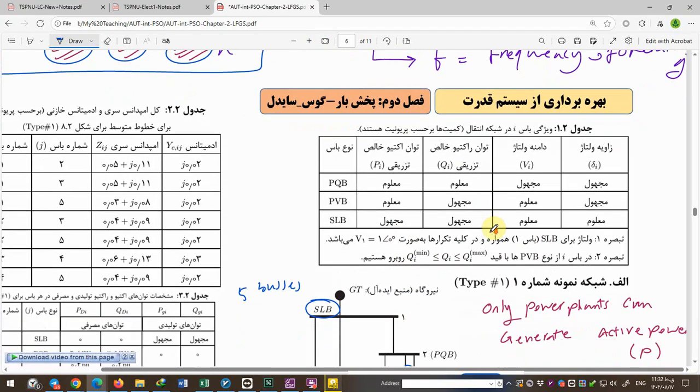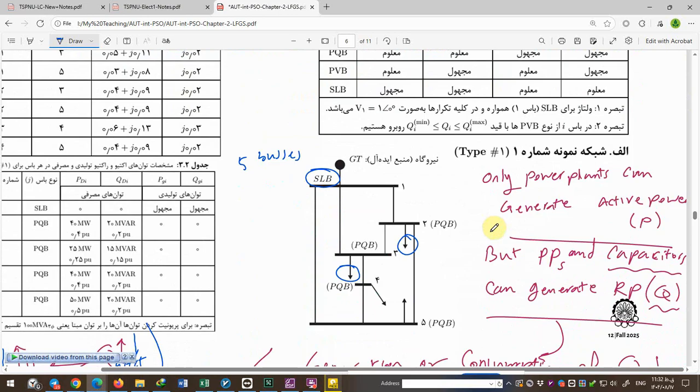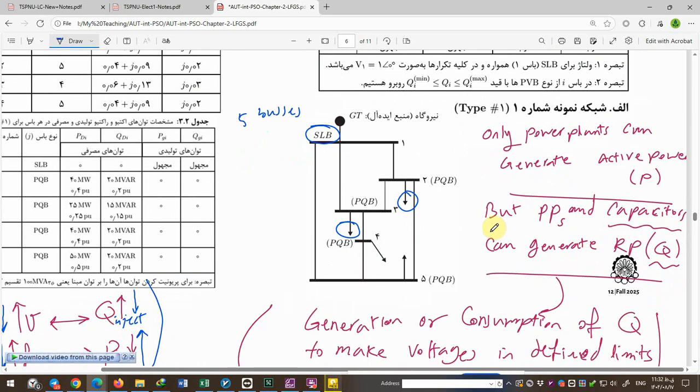Okay, the network type 1, as you see, we have an ideal source in a slack bus, and the slack bus is numbered 1.